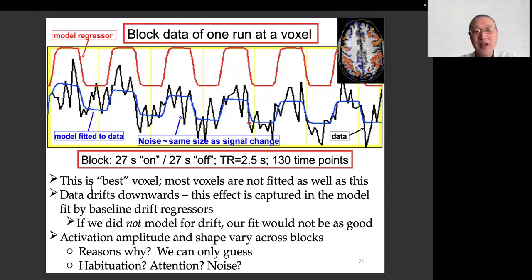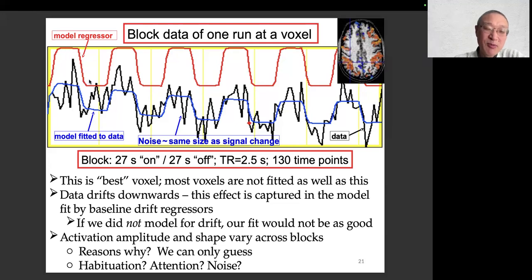Suppose the block design has 27 seconds on and off. We ask the participant to push a button for 27 seconds, then take a break for another 27 seconds, right? In that case, the white curve is what we call a regressor. Suppose it's a simple task, either on for 27 seconds or off for 27 seconds.